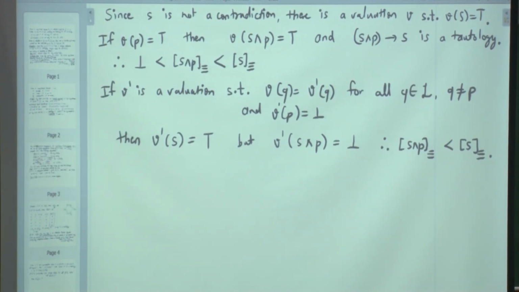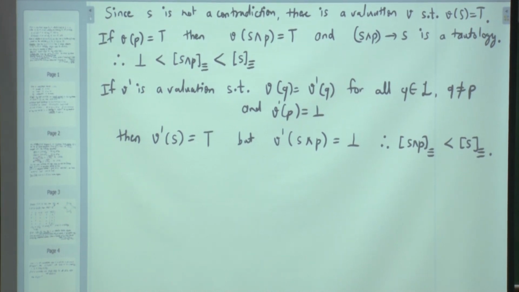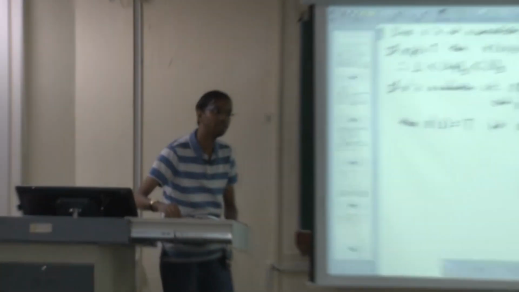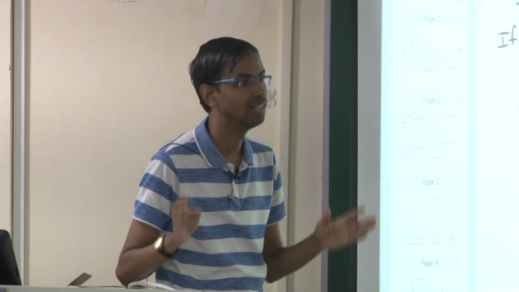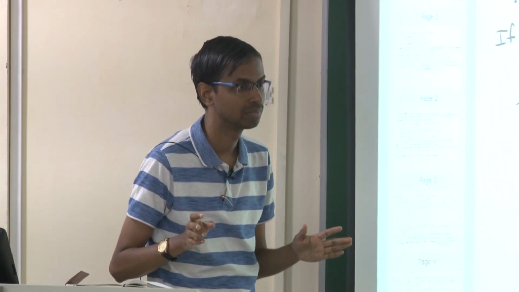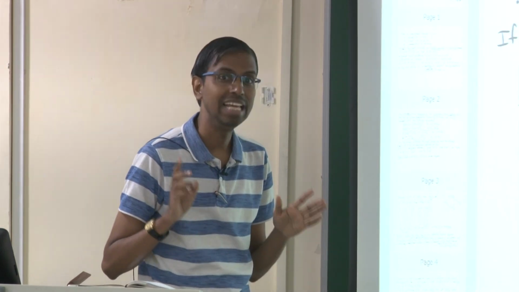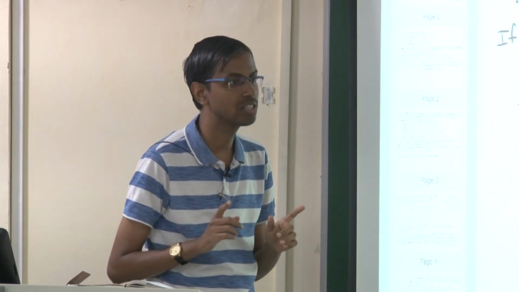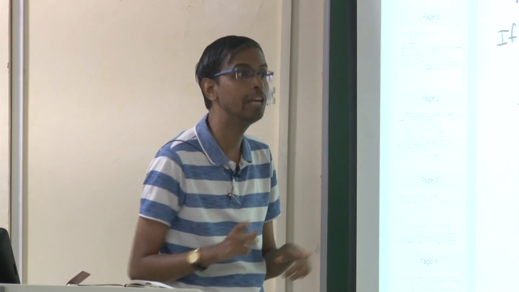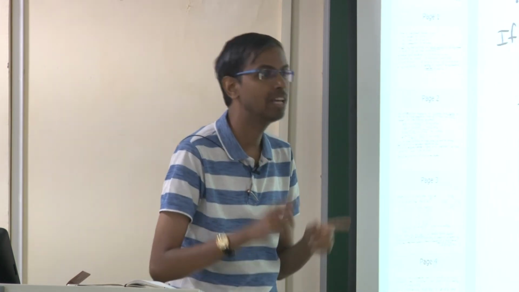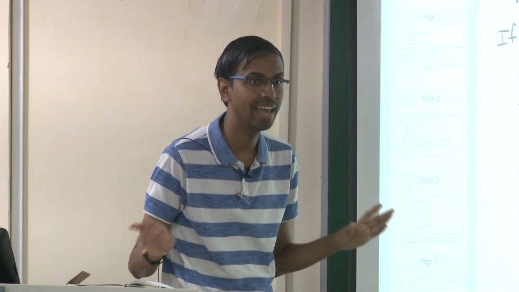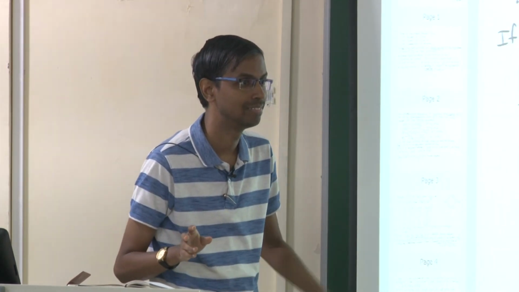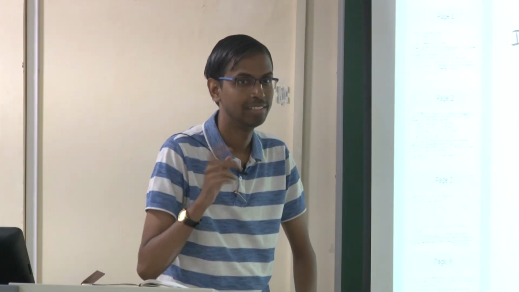So right now I have given you an example of an atomless Boolean algebra. In a later part, when we study first order logic, we will see that this is the only countable atomless Boolean algebra up to isomorphism. There cannot exist anything else. Let's stop here.